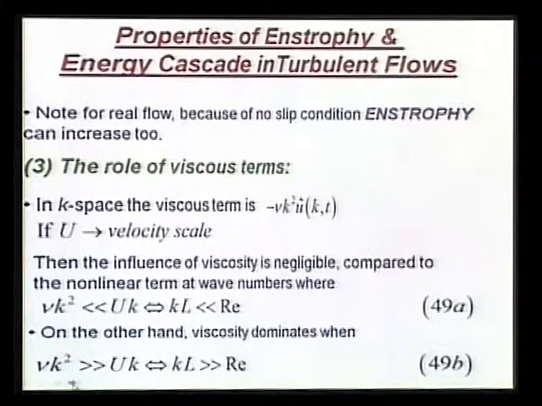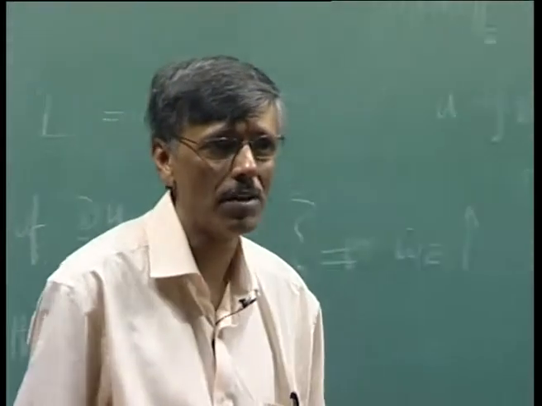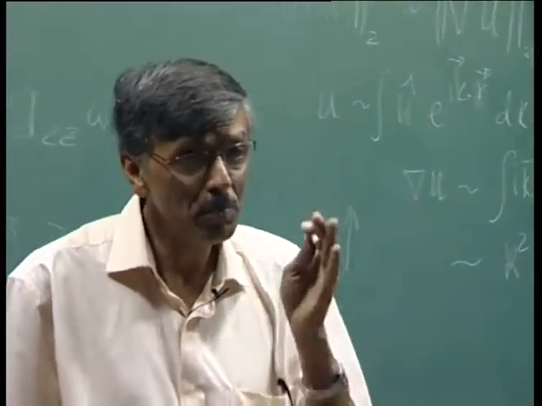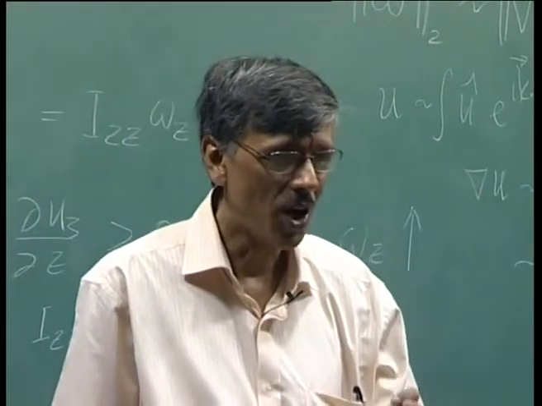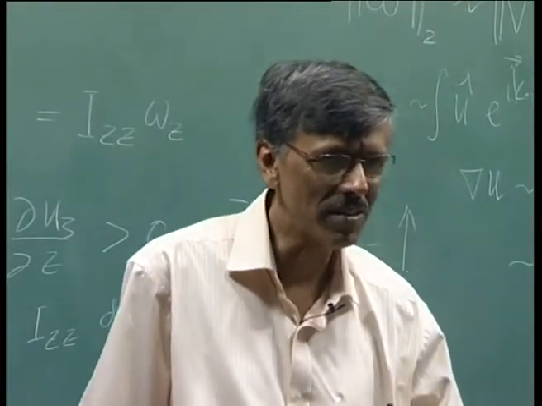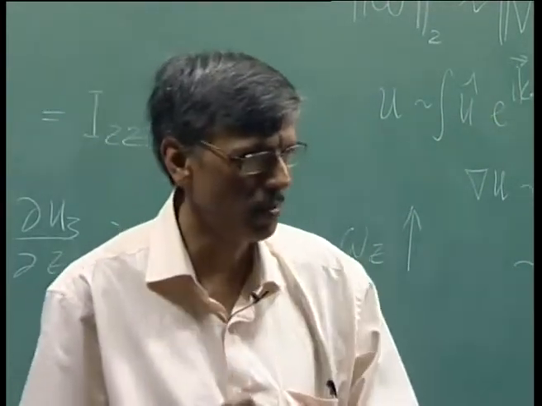On the other hand, if you look at nu k square far greater than this, what will that be? Those corresponding k's will be much larger compared to R e. So, if you prescribe a flow with a given R e, it gives you a kind of line of demarcation. To the left of it, viscous terms are unimportant, to the right of it, viscous terms are important.